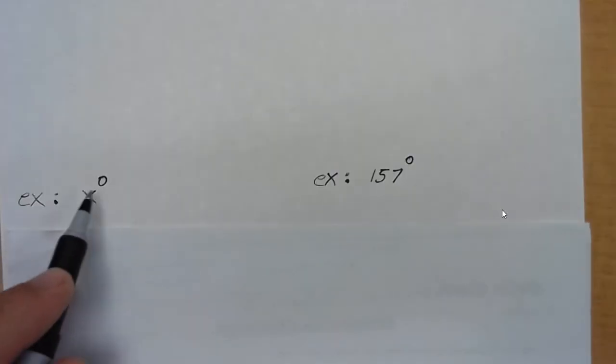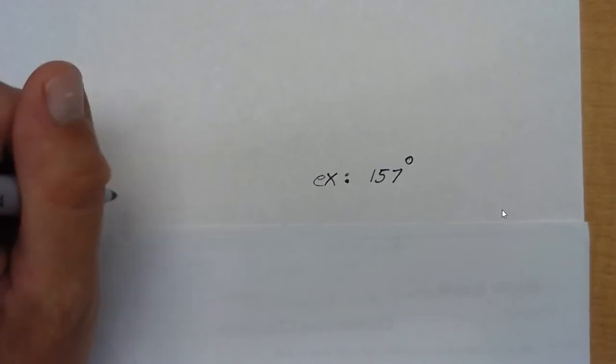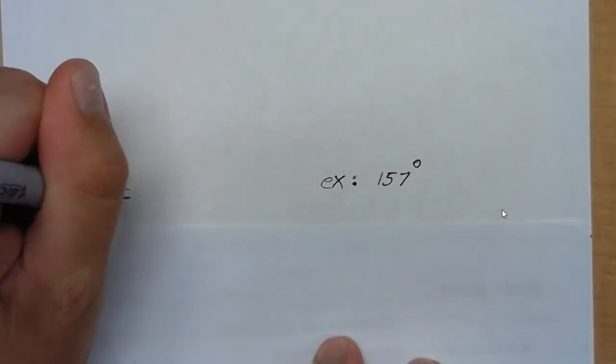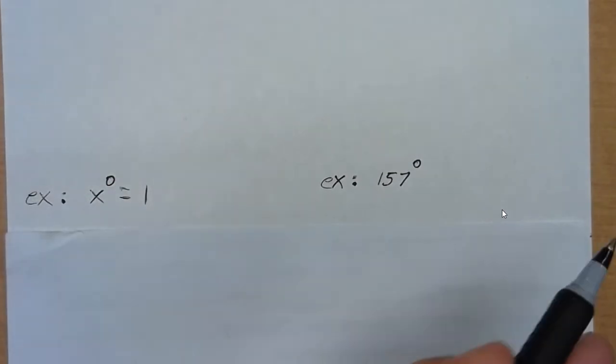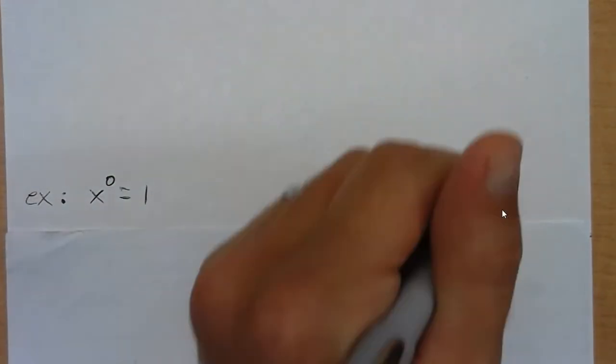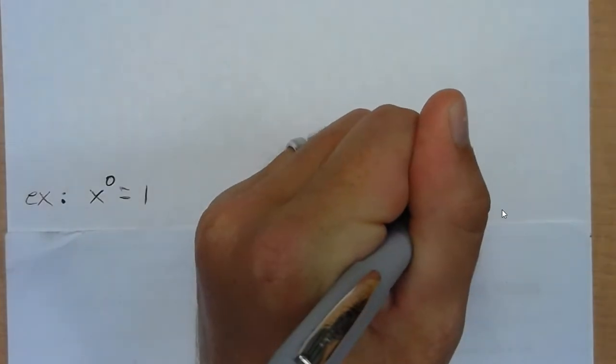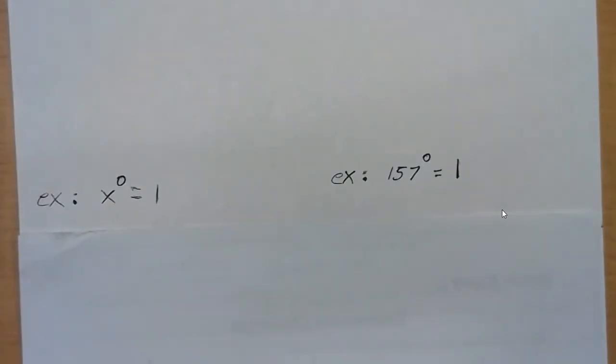If the base is x or y, anything raised to the power of 0 is 1. Even if it's 157 to the 0 power, that's still 1. If it's a million to the 0 power, it's still 1. Anything raised to the 0 power is 1. That's your bottom line here.